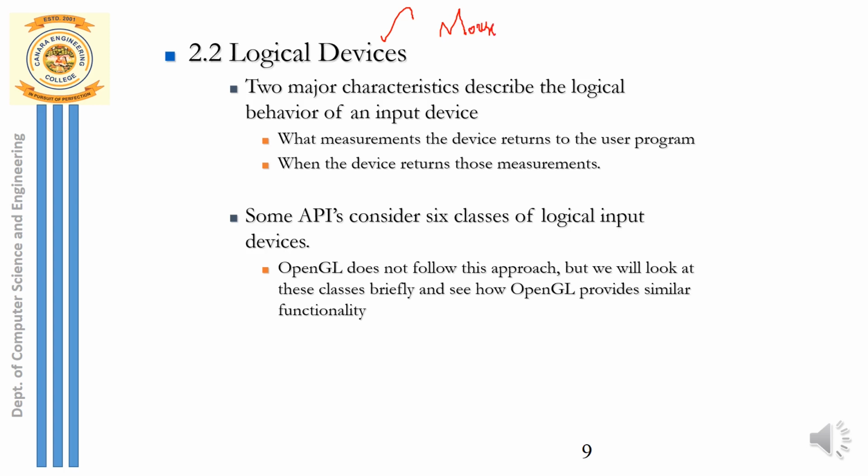A keyboard is also a physical input device. But when I say logical input device, it is not physically existing. Here we make use of one physical input device, and that physical input device itself we assume to be a kind of logical input device.